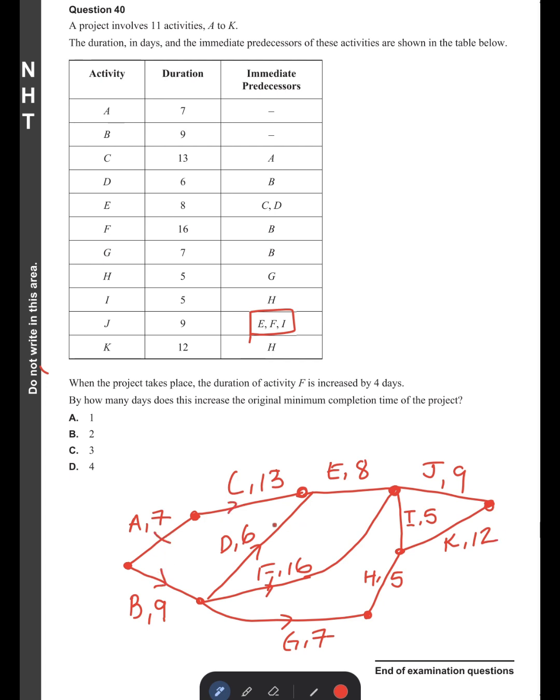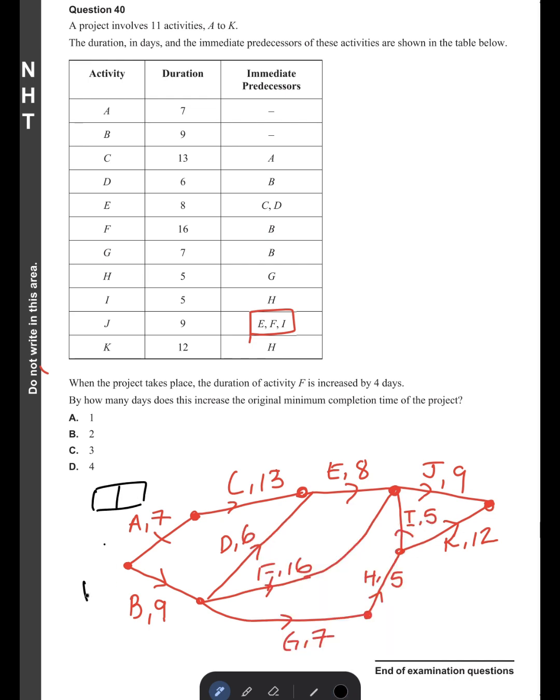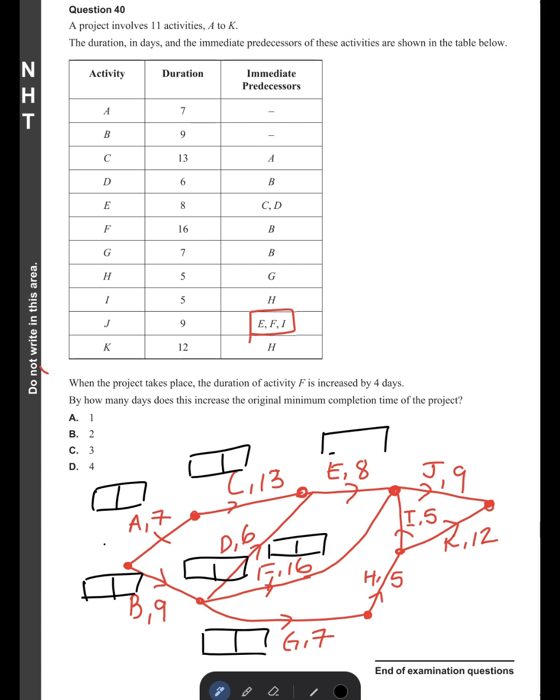Now, you will probably have to draw them more than once, or draw it out and then rub it out. So again, pencil's really, really important here. Alrighty. Now, I'm going to put my boxes in. And again, I recommend that you do your boxes in pencil so that you can rub them out if you make a mistake.